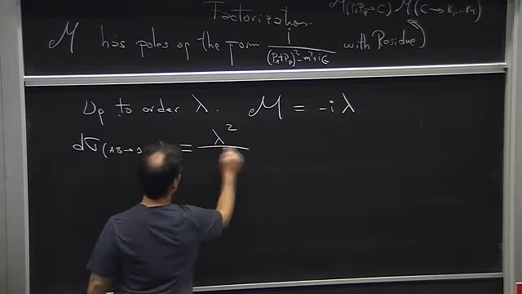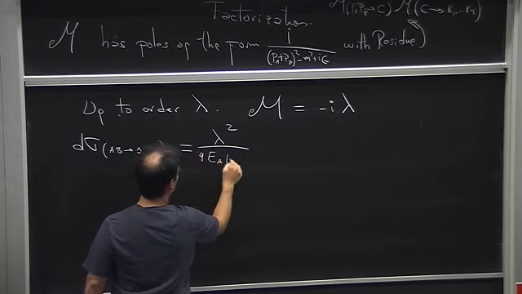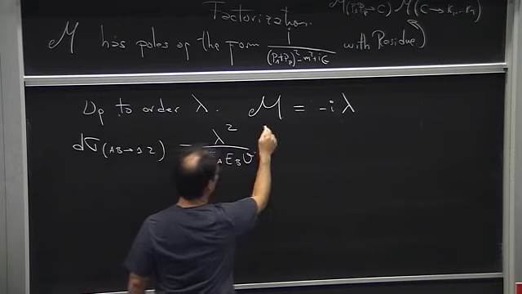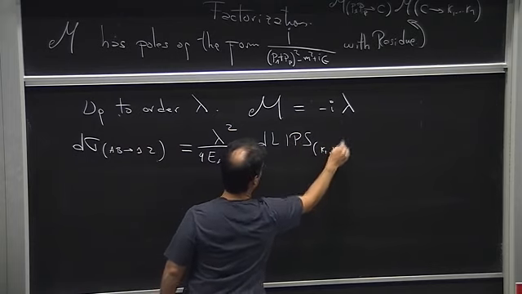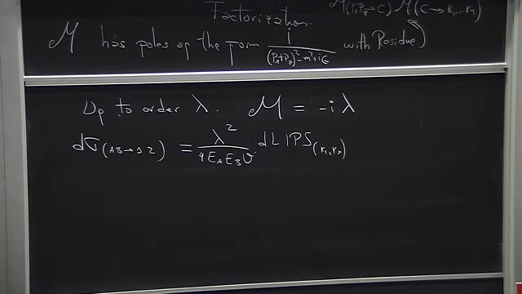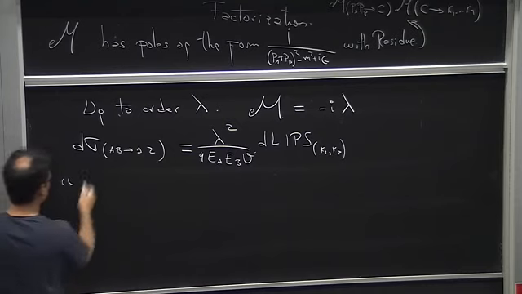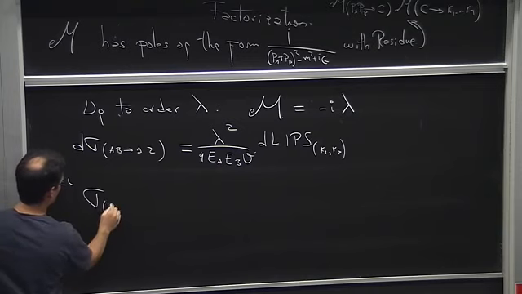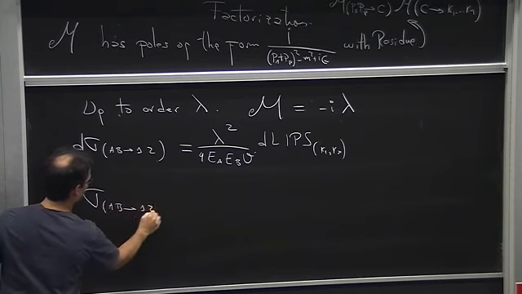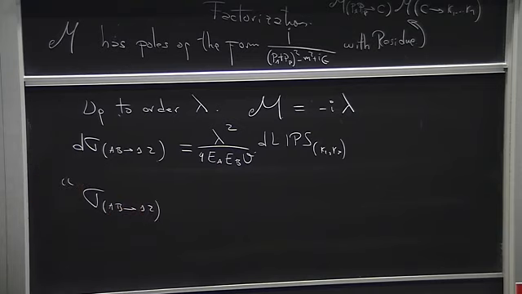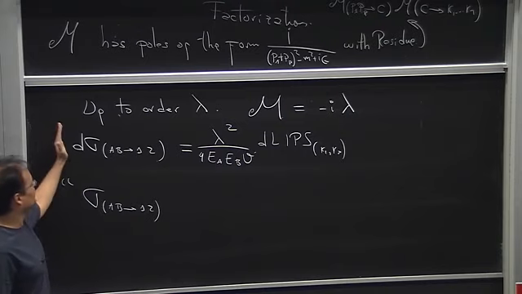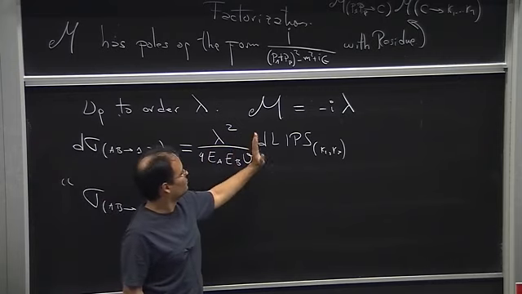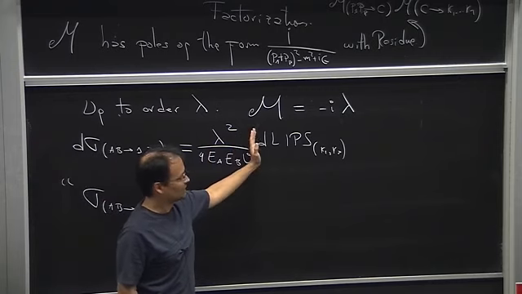our differential cross-section for AB going to 1, 2 is equal to lambda squared over 4 times EA, EB, v, and the d-LIPS of particles K1 and K2. Okay? Now, here is an exercise, in quotation marks, for anybody who wants to do it. Integrate this. So just put the integral sign here and put the integrals that are missing on this side with the definition that I gave you.